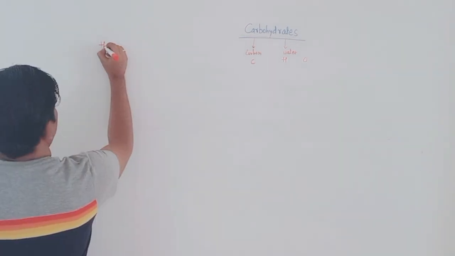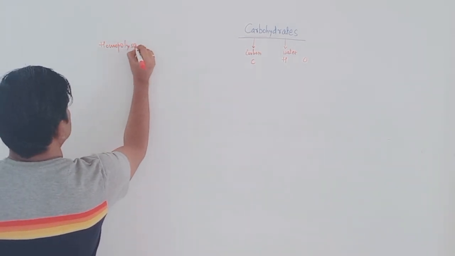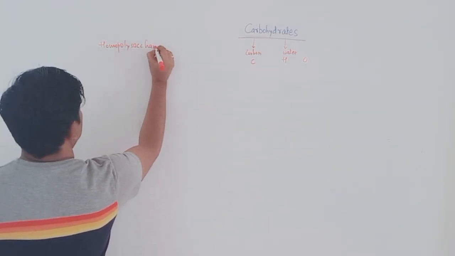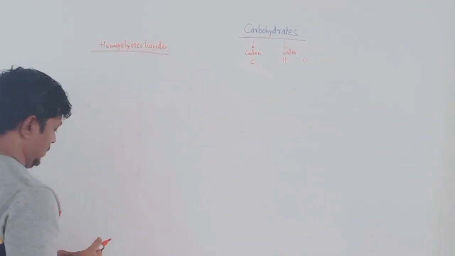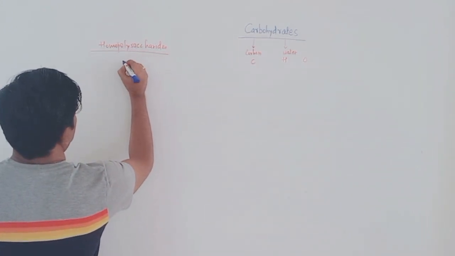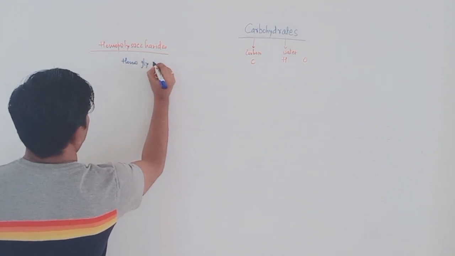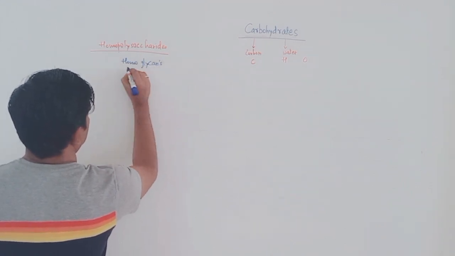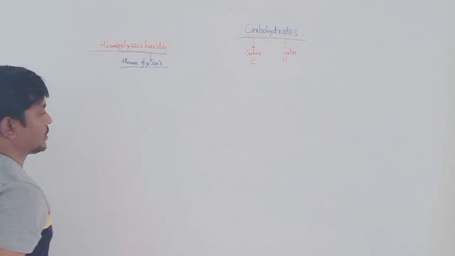Now we will talk about homopolysaccharides, which are also called homoglycans. This polysaccharide is called glycans.